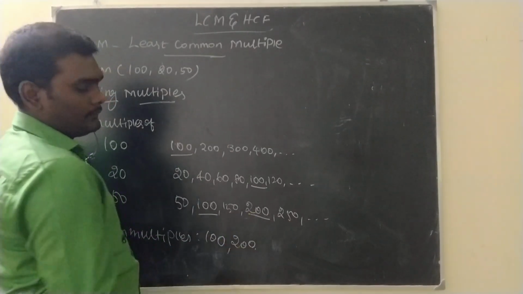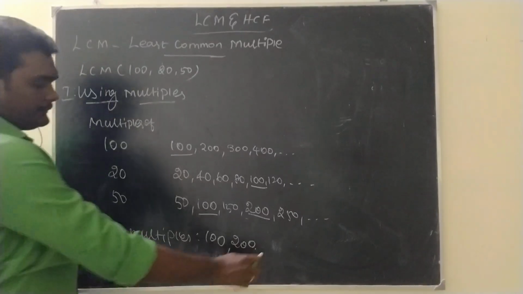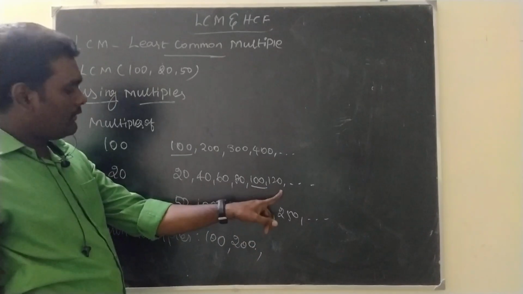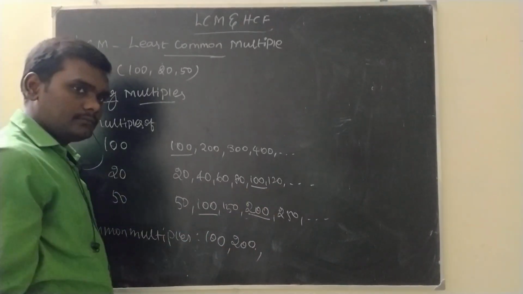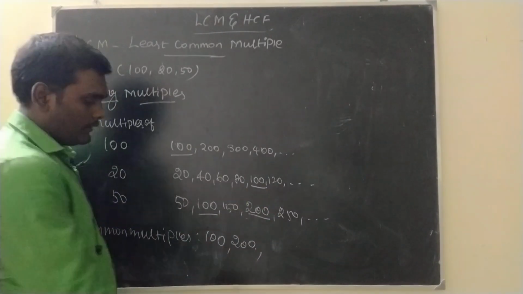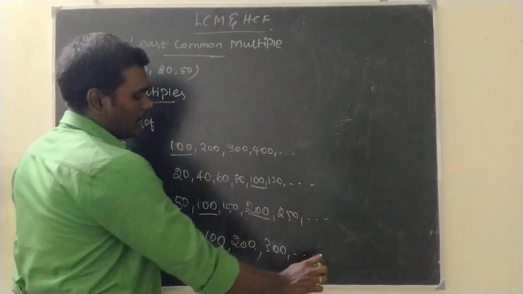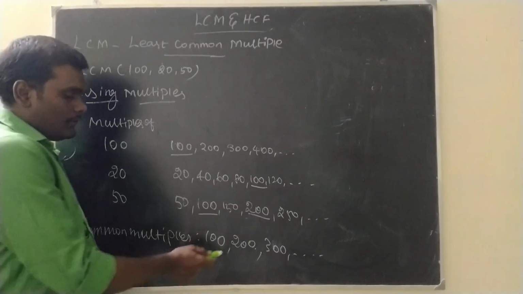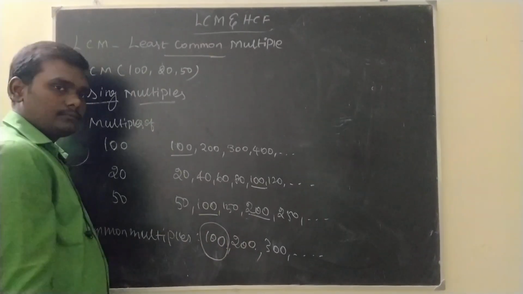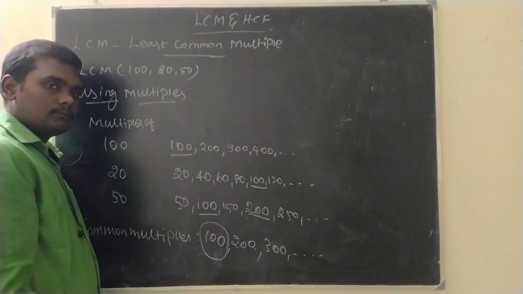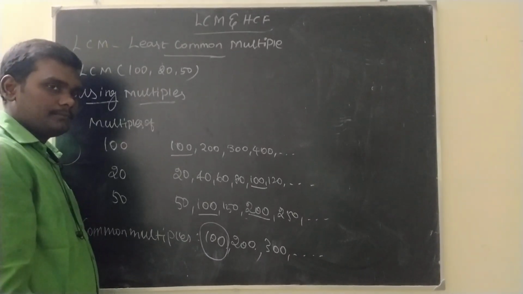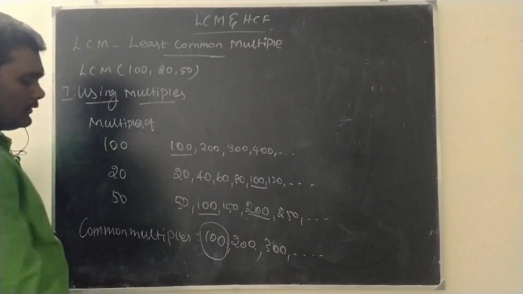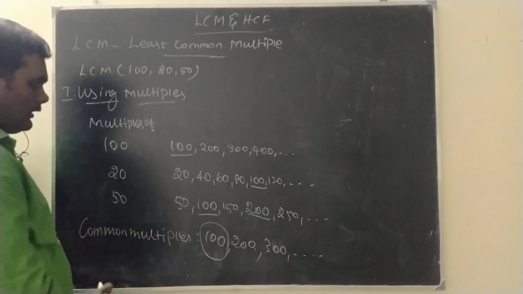Here also 200 is there. Okay. Also 300 is there. If you proceed further, 300 will come in this or not? So 300. These are all the common multiples. Likewise, the list goes on. Among the common multiples, which one is least? 100. Okay. That is it. So the least common multiple is 100.